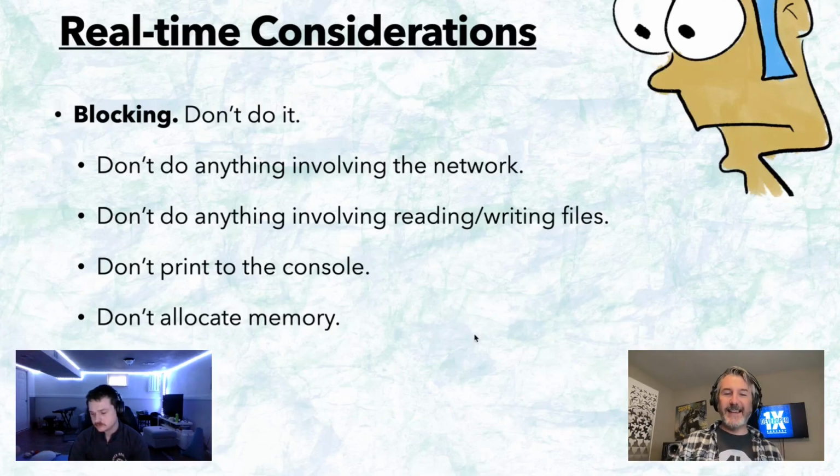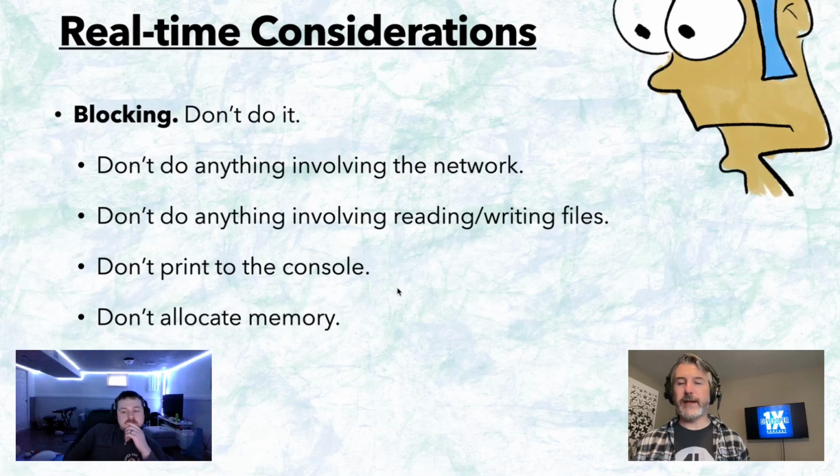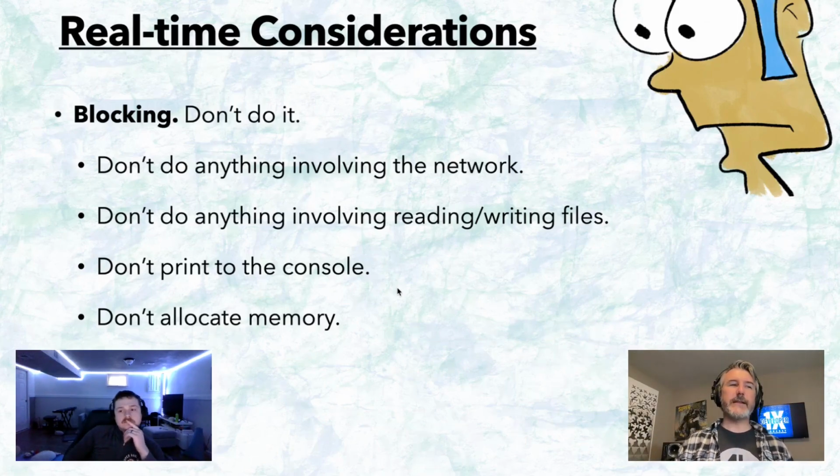That wasn't super intuitive to me when I first started this. I was like, allocating memory, that seems like it's always fast. I mean, it is always fast, except that one time when it's not, and then your audio callback function doesn't complete in time. That one is probably a common gotcha.